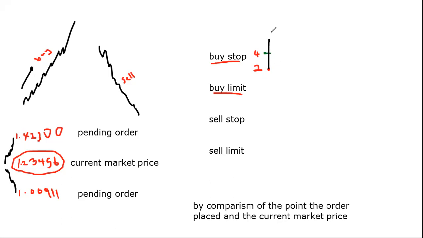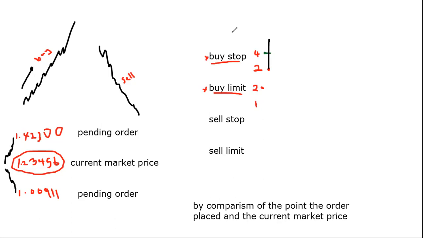Then it's buy limit. Remember, anything buy, that word buy means I want the market to go up. So for buy limit, if the current price is still 2, but I go and place my order at 1 to buy, while above, it's 2 and I am buying at 4, here it's 2 and I'm buying at 1.